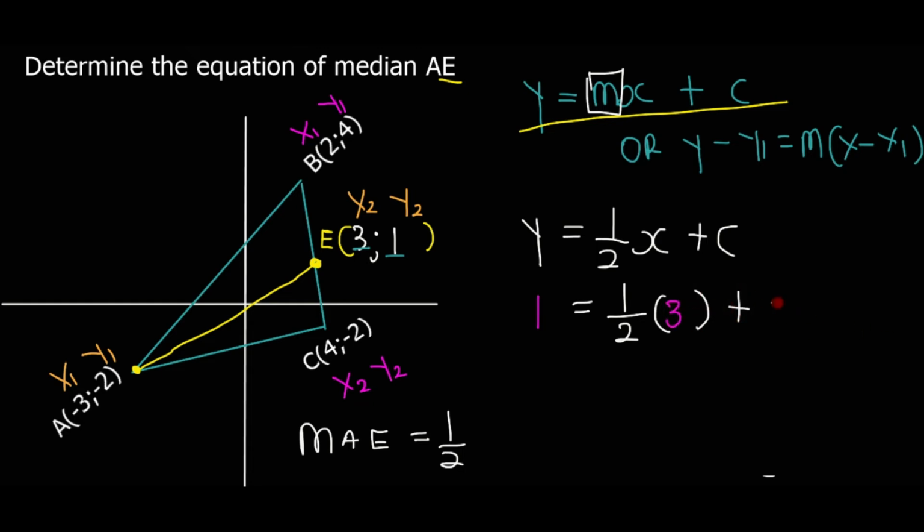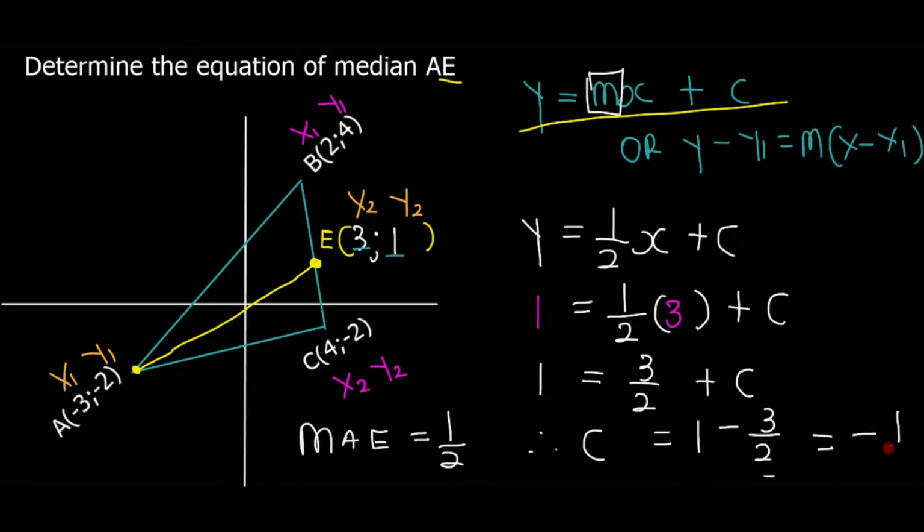So from there I can easily solve for point C. So this is the same as 1 is equals to 1 over 2 times 3 is 3 over 2, and then plus C. Therefore, to solve for point C, I take 3 over 2 to the other side. So this is the same as 1 minus 3 over 2, and then 1 minus 3 over 2 is equal to negative half.